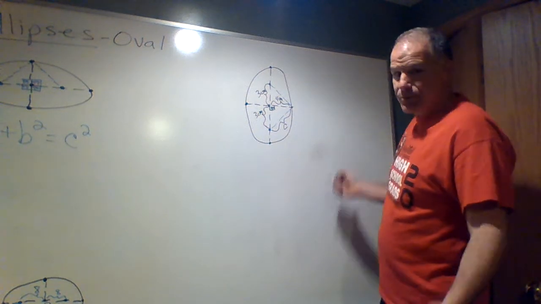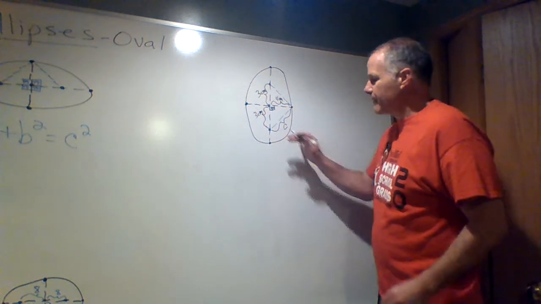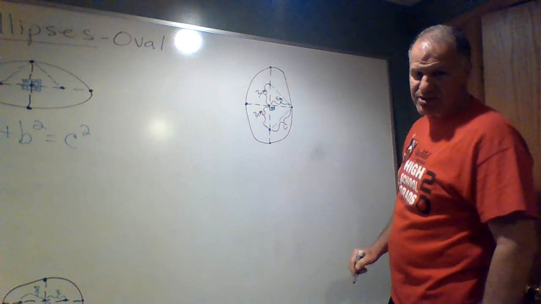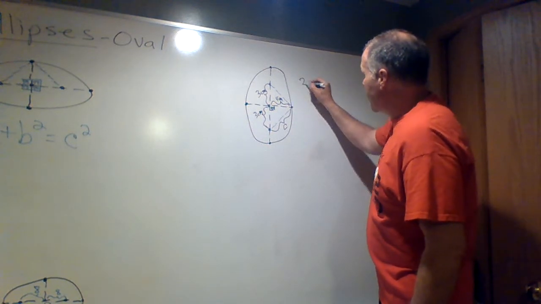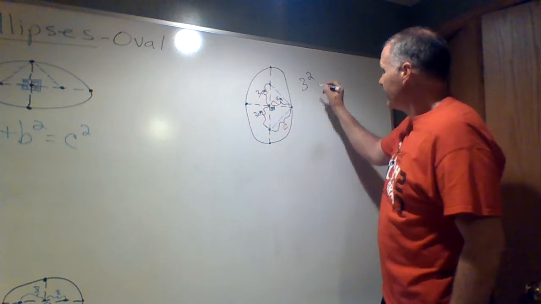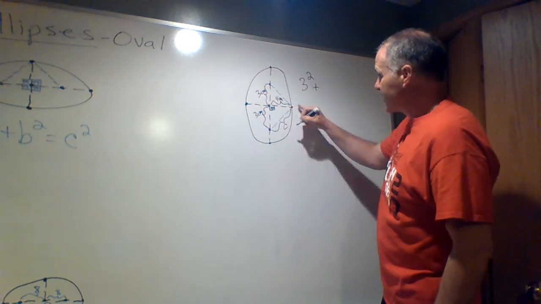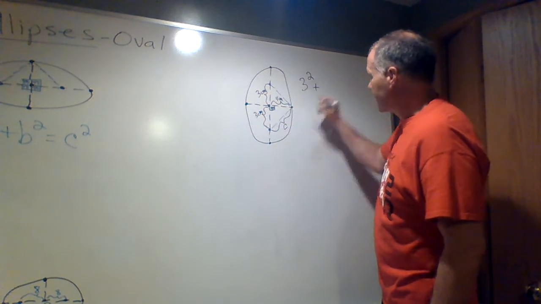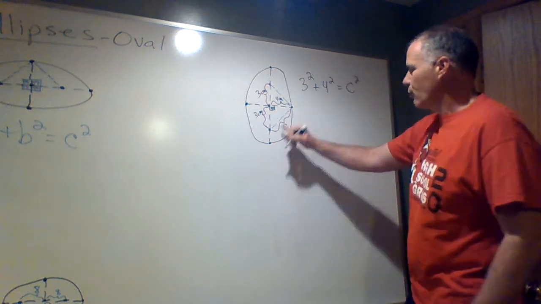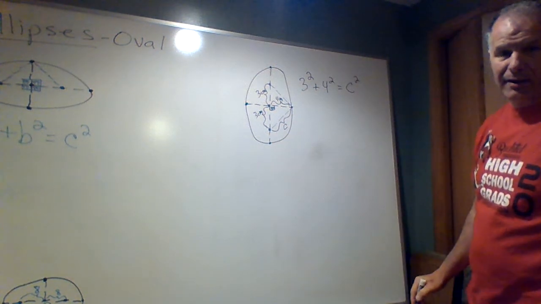Now, this is really pretty easy. I'm giving you a simple one. You can get decimals for these, but I'm just going to give you some that aren't decimals. One side is 3 plus b squared. I can let b squared be the 4 right there. And I'm going to solve for that distance c right there.